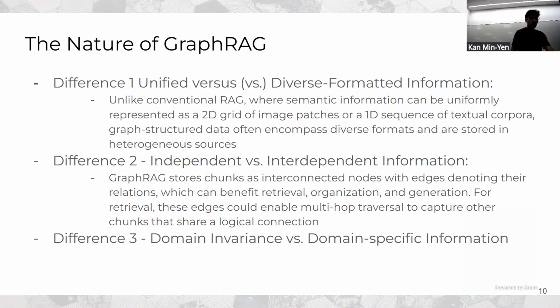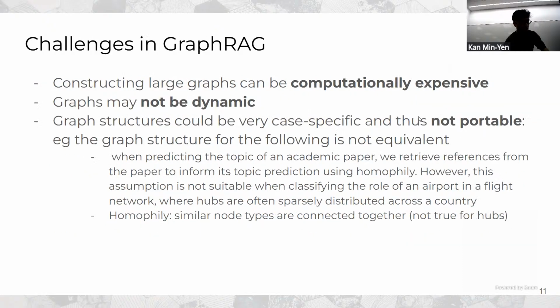Also, independent versus interdependent information. What this means is basically if information depends on each other, it's interdependent, then it might be better to use GraphRAG. The third point I will talk about in my next slide.